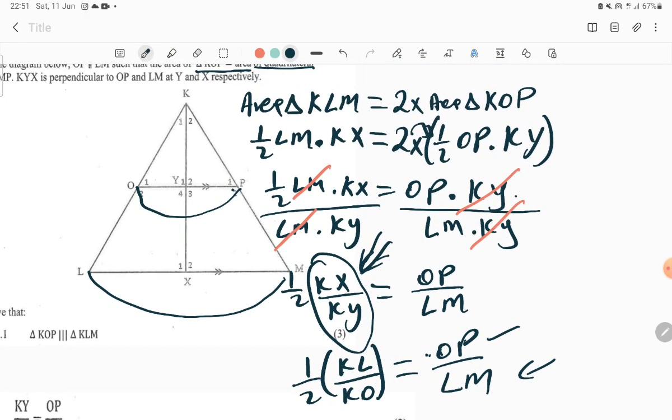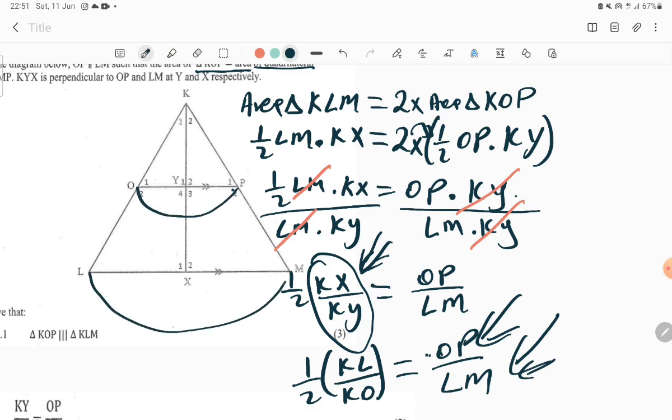So since we are having OP over LM, OP over LM is equal to the shortest side divided by the longest side, which is KO over KL.